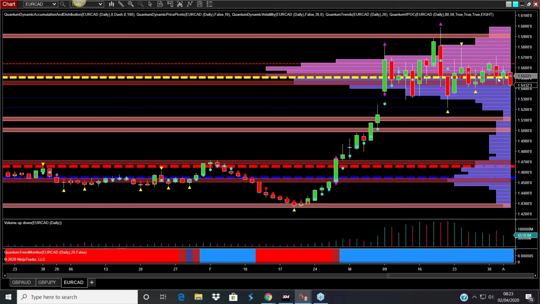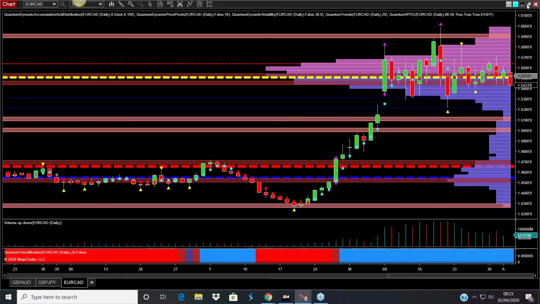What's interesting though is this candle here. This is the sell that we've had overnight and coming into London, and it still looks quite weak. So you could argue, wait until the setup.